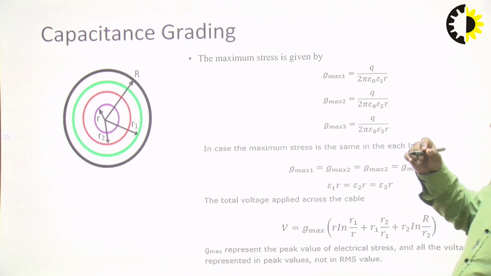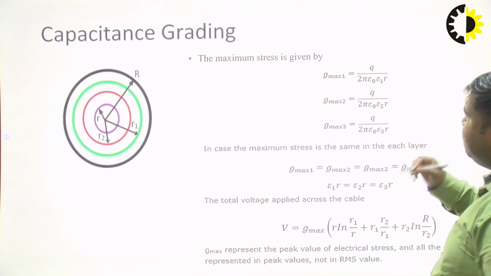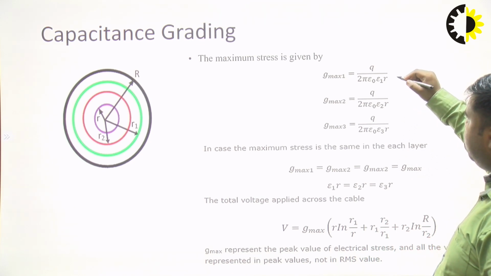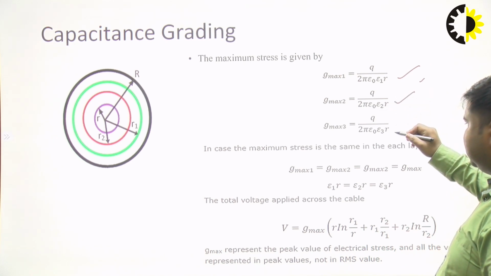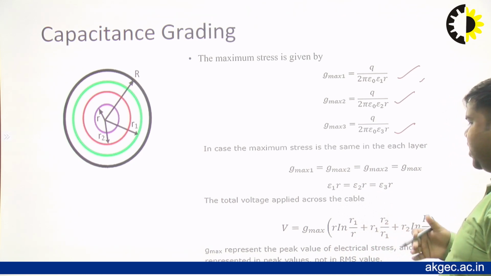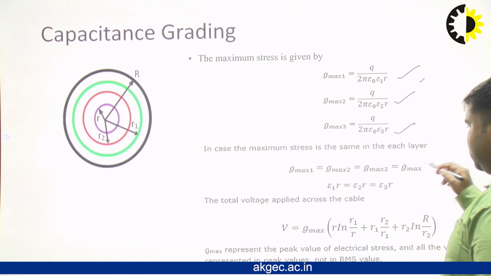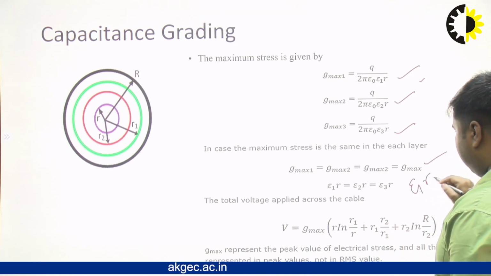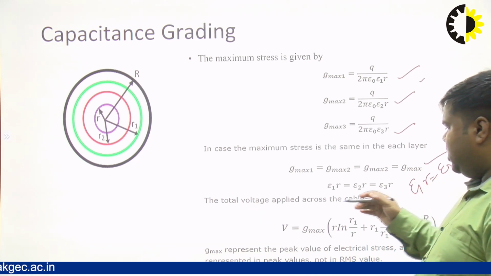So the maximum stress is given by G max 1 equal to Q by 2 pi epsilon naught epsilon 1 r, and the same for G max 2 and G max 3. So when G max 1 equals G max 2 equals G max 3, which is equal to G max, then epsilon 1 r, epsilon 2 r, and epsilon 3 r are equal.